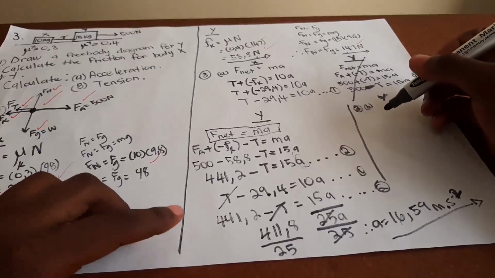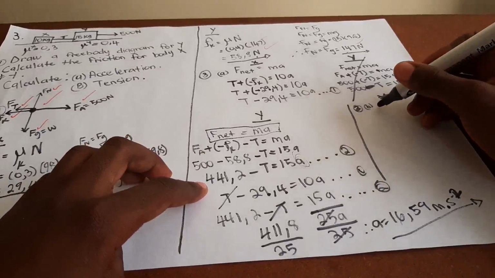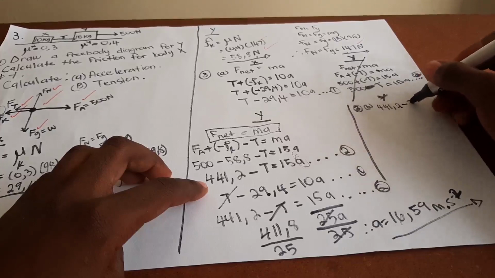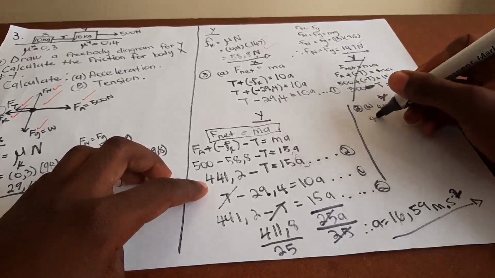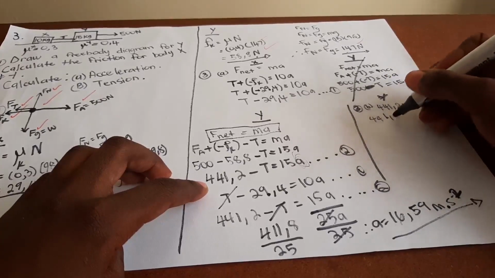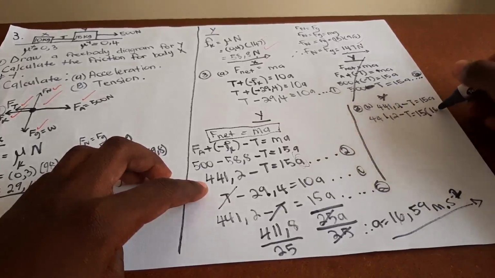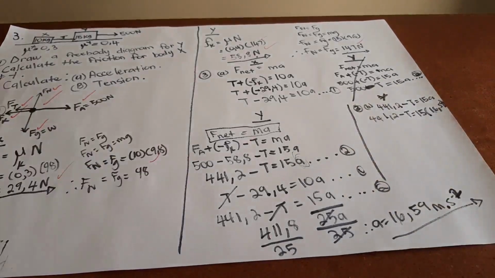Let's use equation 2: 441,2 minus tension is equal to 15A, so 441,2 minus tension is equal to 15 multiplied by 16,59.